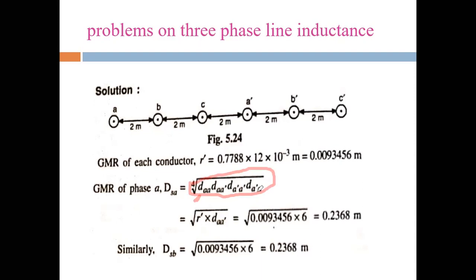Alternatively, DSA is equal to the square root of r dash times D A to A dash, where r dash is the self GMR.